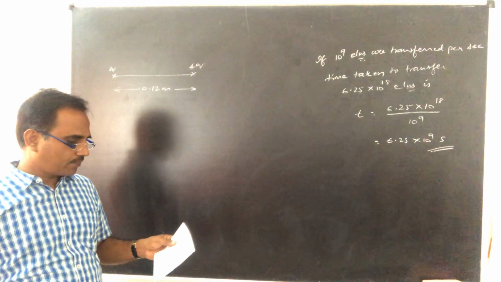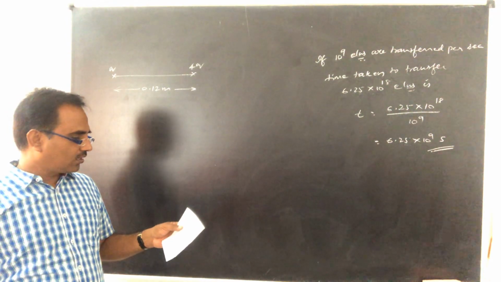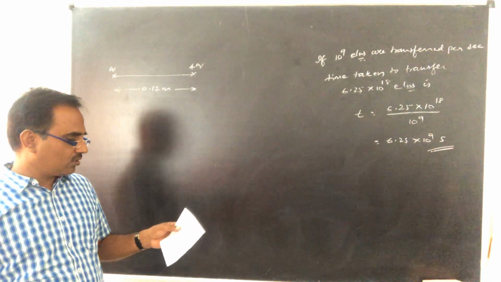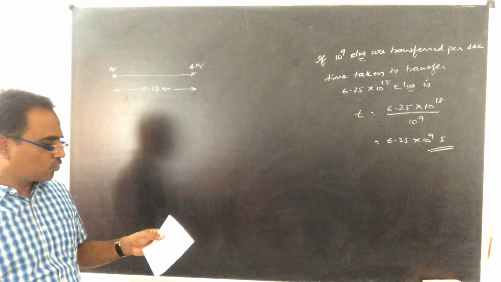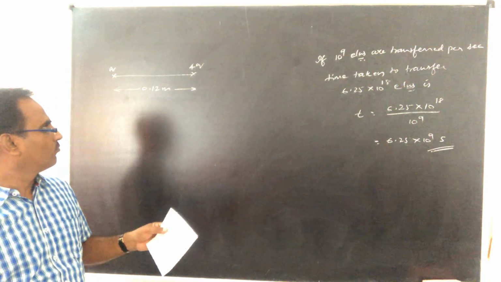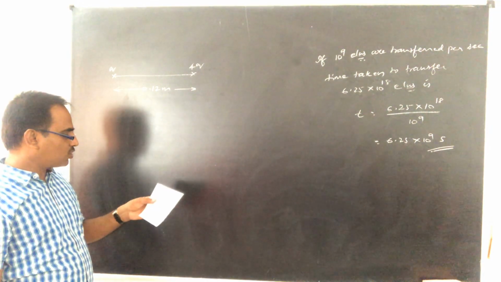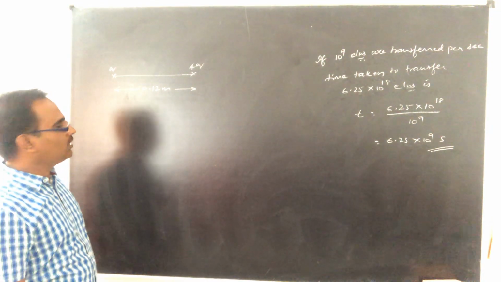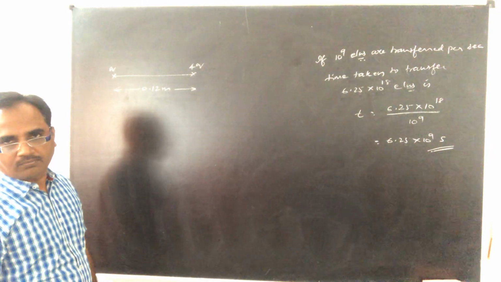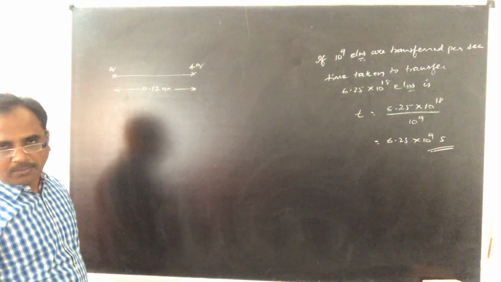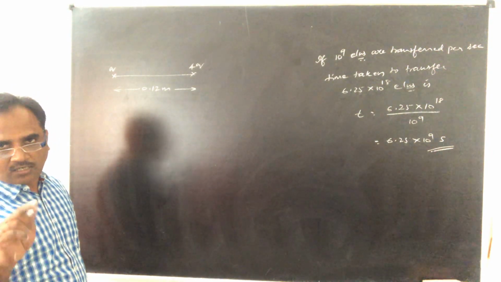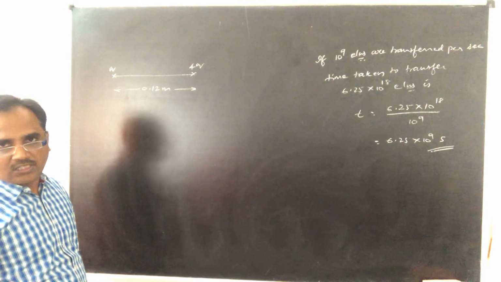Now the question is, where should a third charge minus q be placed between them so that it is in equilibrium? That means you are asked to find where this minus q charge is to be placed so that it is in equilibrium. You know that equilibrium means the resultant force on that minus q charge is 0.